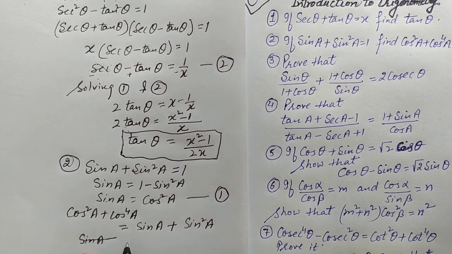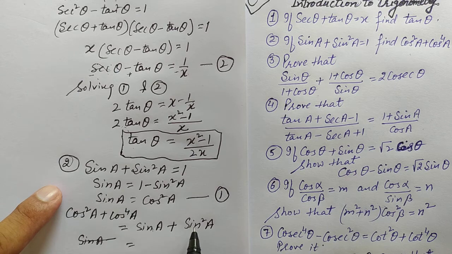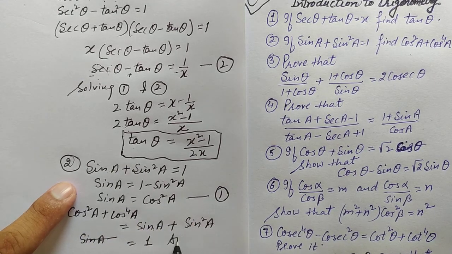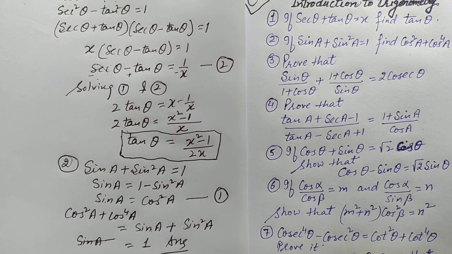So the value is sine a plus sine square a, which is given as 1. So the answer is 1. This way we will solve the second question.